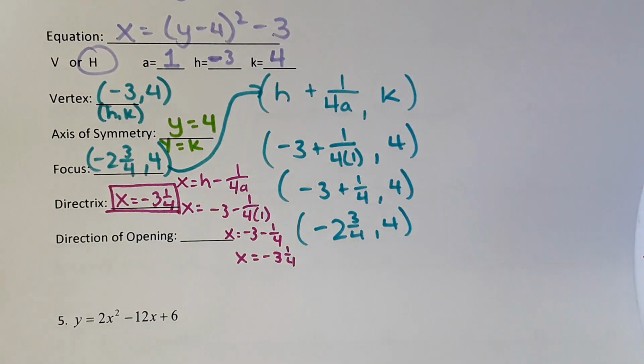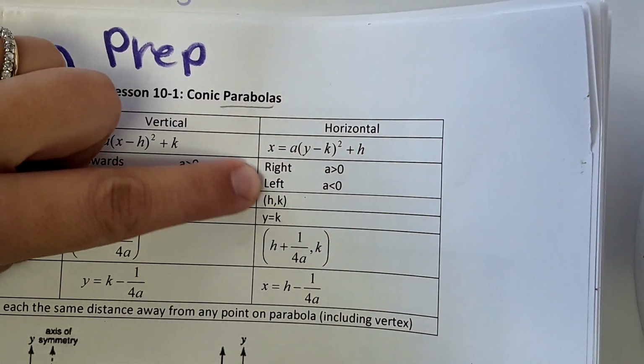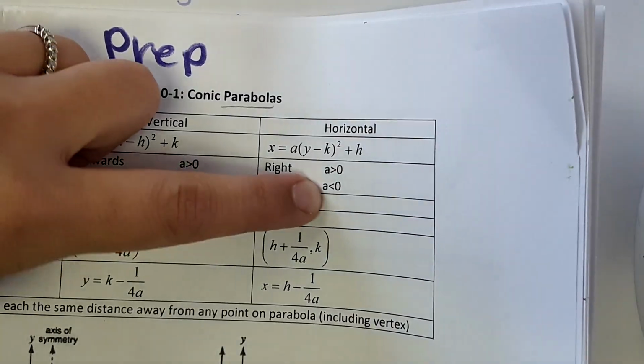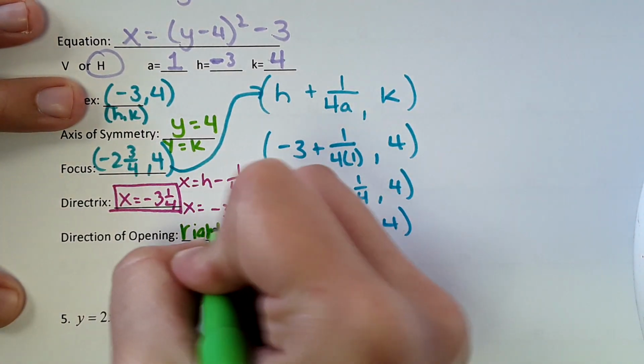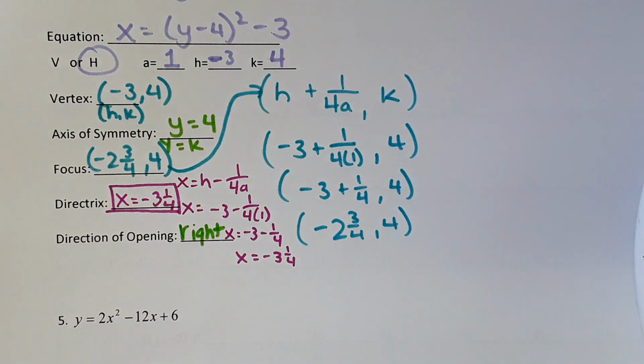And then for direction of opening, let's see, so it says if A is greater than 0, it's to the right. If A is less than 0, it's to the left. Since A is 1, and that's greater than 0, it's going to go to the right. And that is all for that.